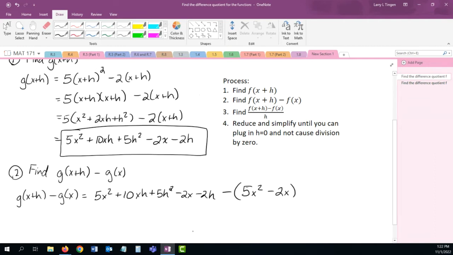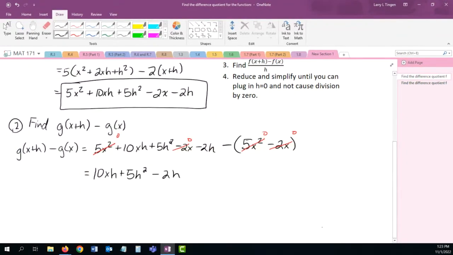And then we say, does anything subtract? Well, yeah, 5x squared minus 5x squared is 0. Negative 2x minus negative 2x is negative 2x plus 2x, which zeroes out. And the only thing I'm left with is 10xh plus 5h squared minus 2h. Everything else is gone.